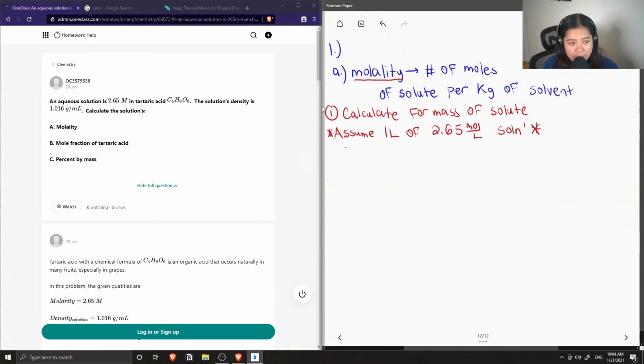So to calculate the mass of the solute, we just need to use the equation where mass is equal to number of moles times the molar mass. So if we assume 1 liter of 2.65 moles per liter solution, we know that the number of moles is equal to 2.65.